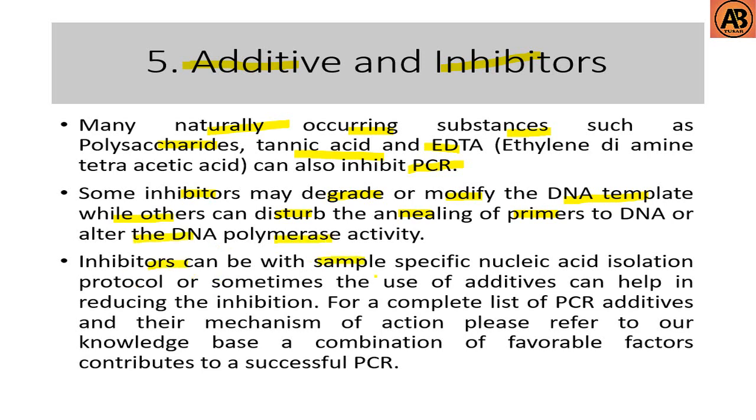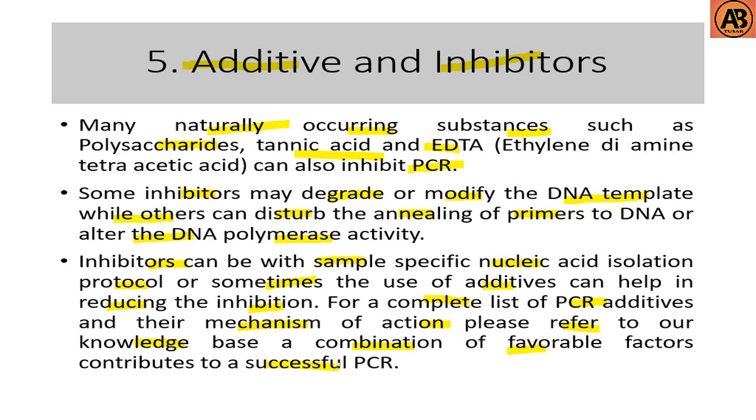Inhibitors can be removed with a sample-specific nucleic acid isolation protocol, or sometimes the use of additives can help in reducing the inhibition. For a complete list of PCR additives and their mechanism of action, please refer to our knowledge base. A combination of favorable factors contributes to a successful PCR.